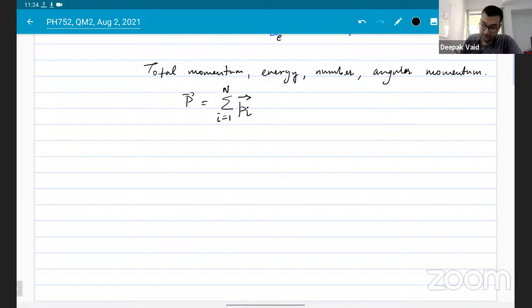Right? One simple guess is that, well, we can start from the single particle picture, right? So let's say that I have the wave function of my ith particle, and it depends on some momentum vector, right? Or I can write it like this.